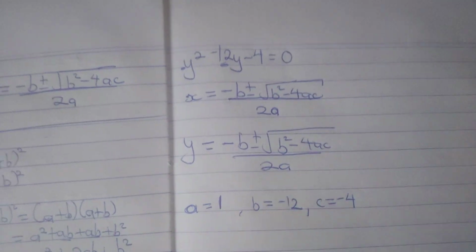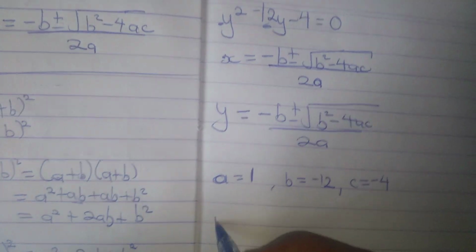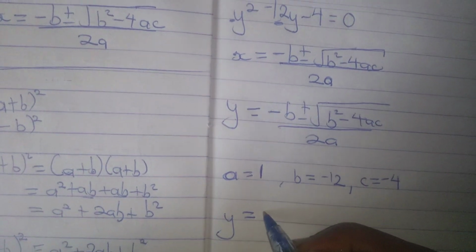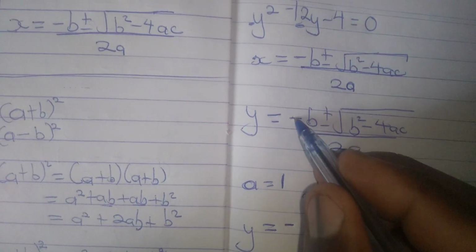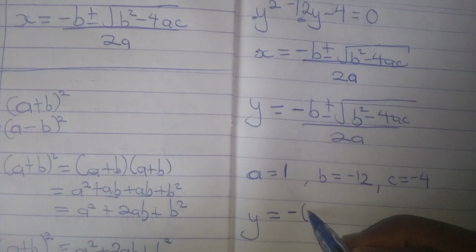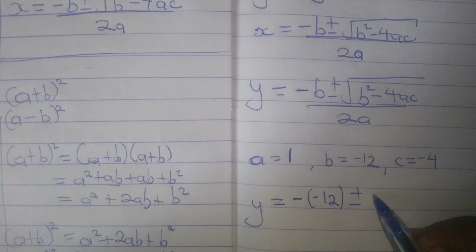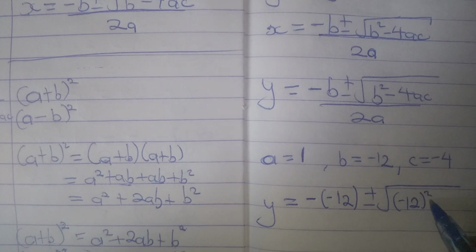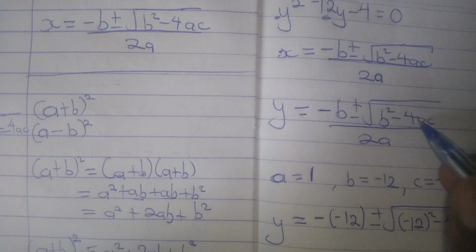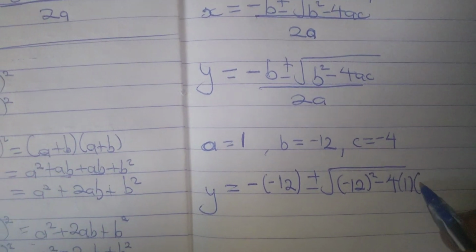From there I just substitute in the bulldozer formula. My y will equal, where there is b, I substitute negative 12. I can tell you to substitute with a bracket for simplicity. Plus or minus the root of negative 12 squared minus 4, what is our a? It is 1. What is our c? Negative 4.